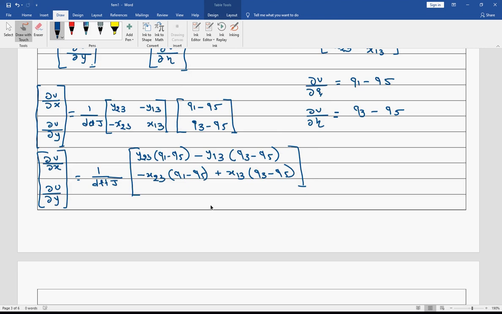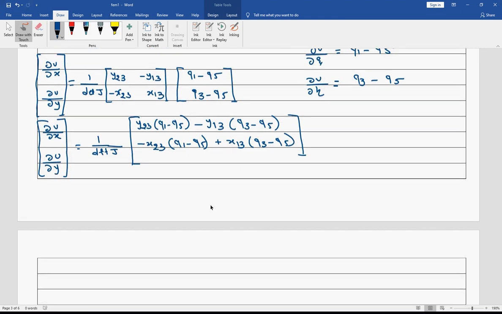Now what can I do to eliminate the negative sign?